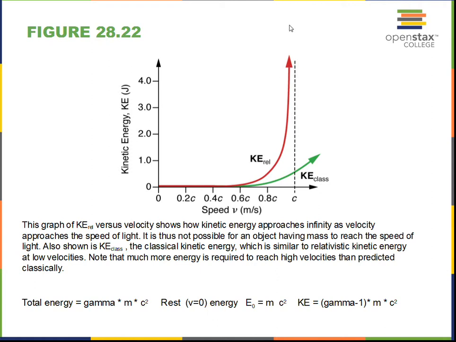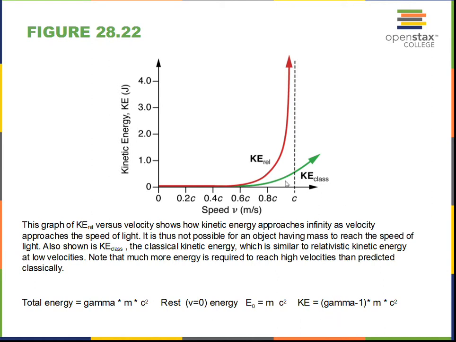It would require infinite work. There isn't infinite work available in our physical universe. So we can't, with our technology today, get objects to travel at the speed of light. As gamma goes to infinity, the kinetic energy would be infinite as v heads towards the speed of light.